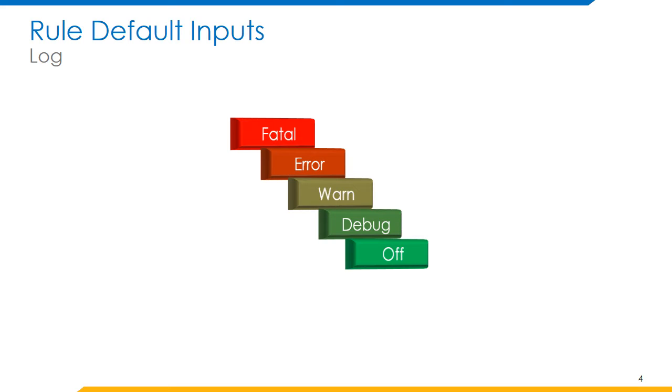The methods that we are going to use for logging are log.fatal, log.error, and similarly for all the other log levels we have other methods.